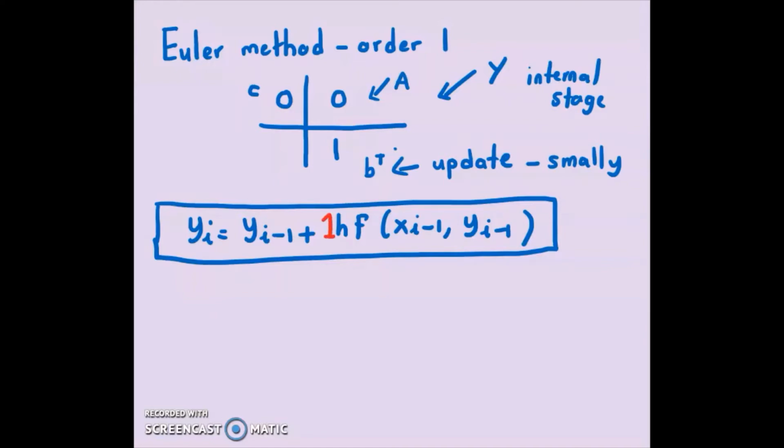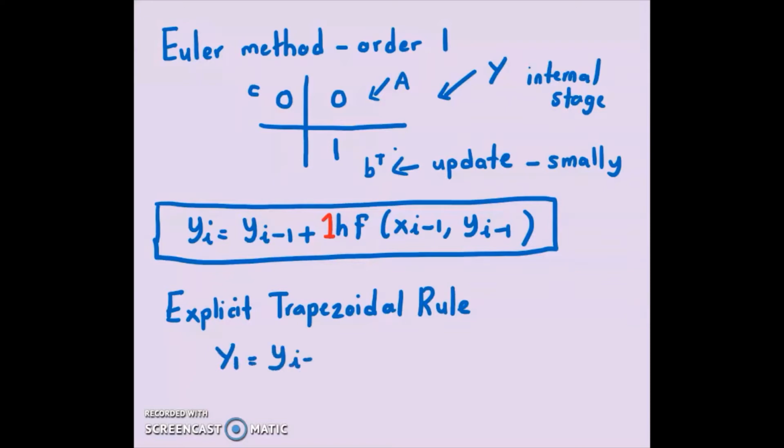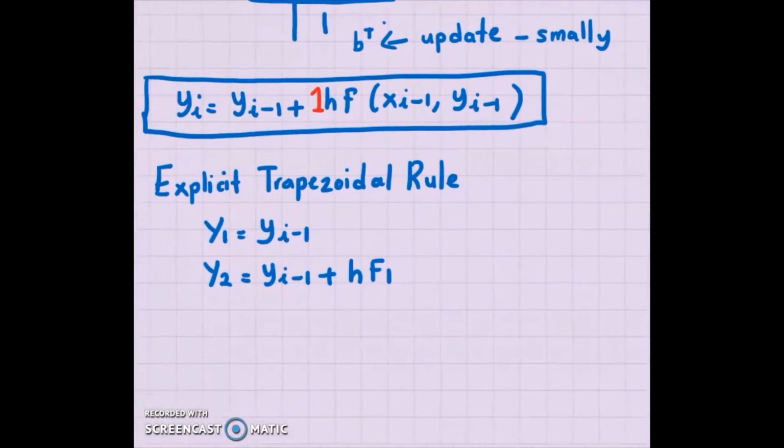To make it understood better, let's look at another example. This Runge-Kutta method is called the explicit trapezoidal rule. The explicit trapezoidal rule is given as Y_1 equals y_{i-1}, Y_2 equals y_{i-1} plus h of F_1. So what is my F_1?